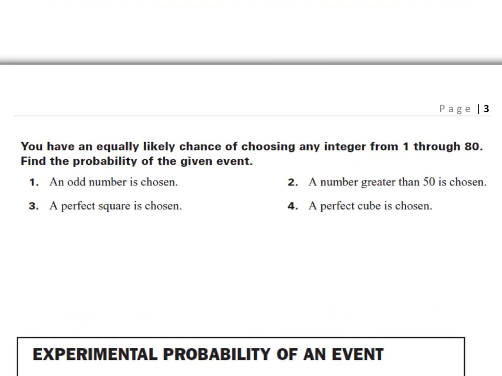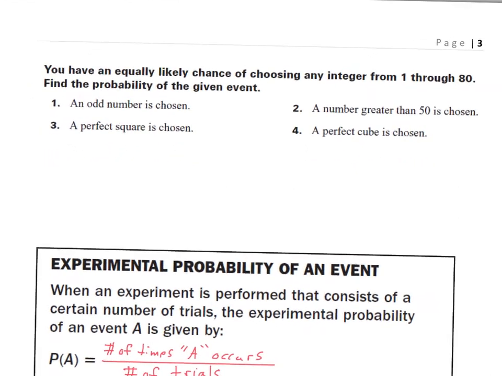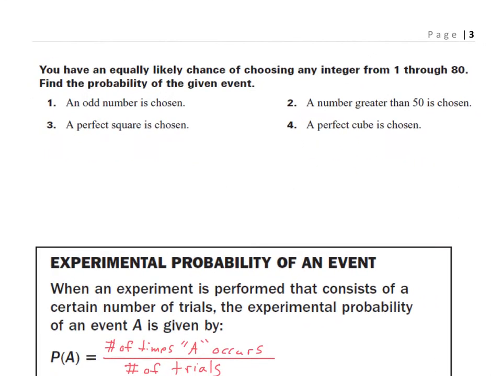So if you'll flip the page in your notes, we've got an example on the top of page 3. It says we are choosing a random integer from 1 to 80. So of course there are 80 numbers here. We should make note of that. There are 80 numbers from 1 to 80. And we want to know the probability of getting an odd number. Well, the odd numbers would be 1, 3, 5, 7, and so on. It's every other number. So exactly half of the numbers are odd and half the numbers are even.